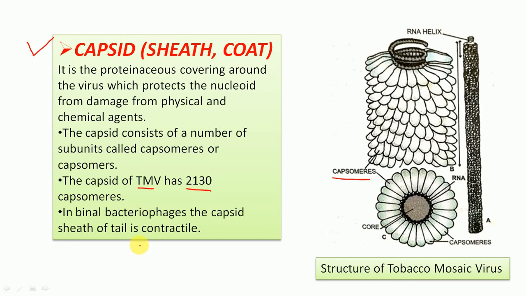And in the case of bacteriophages, the upper part is cuboid and then spiral, and they contain the capsid, and the capsid sheath of the tail is of contractile type. So this is what the capsid is.